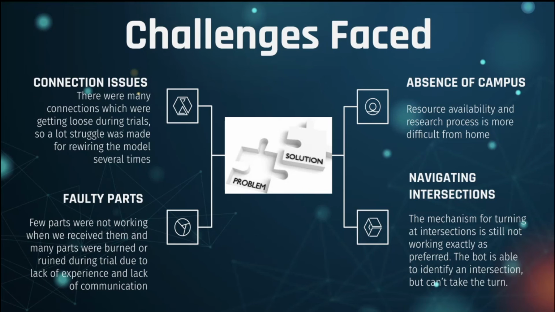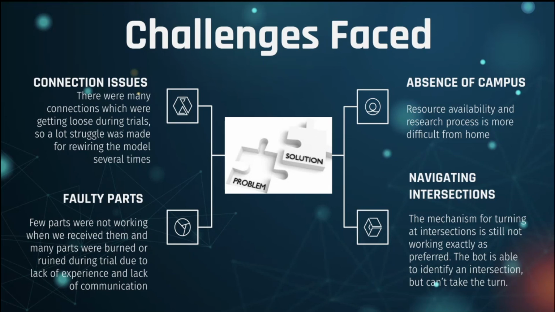And the final challenge was more one of logic and thinking, like navigating these intersections. The mechanism for turning at intersections is still not exactly working as we would like it to, because we've made it as best as we can using the resources we have right now, but it's not working under all conditions.